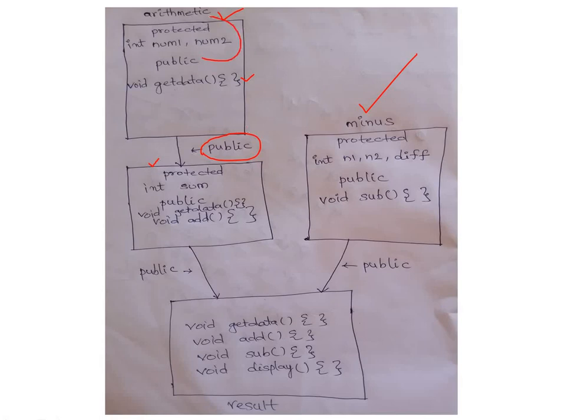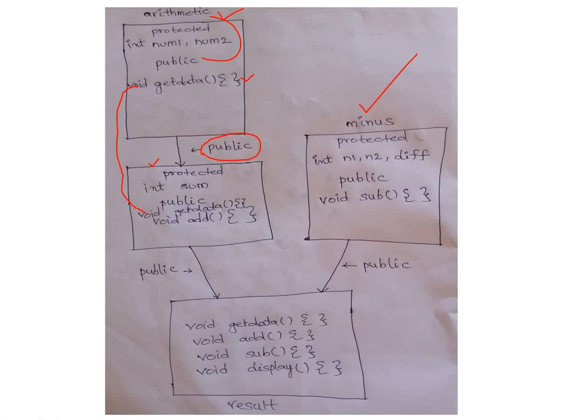Yes, when the visibility mode is public, the public member of base class arithmetic becomes a public member in its derived class. So it becomes a what? Public member. Right. Public member.